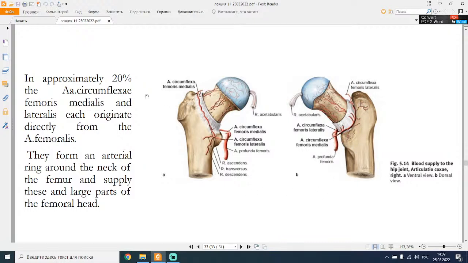They form an arterial ring around the neck of the femur and supply this and large parts of the femoral head. You see ramus acetabularis, and rami ascendens, transversus and descendens of the arteria circumflexa femoris lateralis.